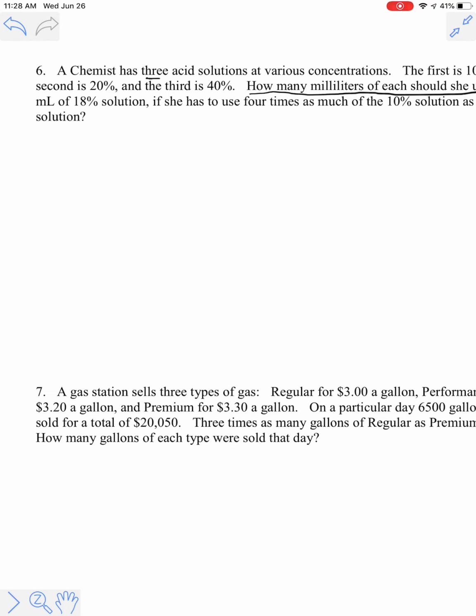Let's let that be our variables. So let x be the milliliters of the 10% concentrated solution. y could be the milliliters of the 20% concentrated, and z could be the milliliters of the 40% concentrated solution.